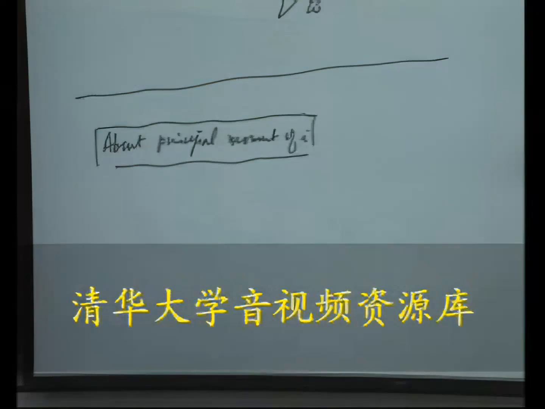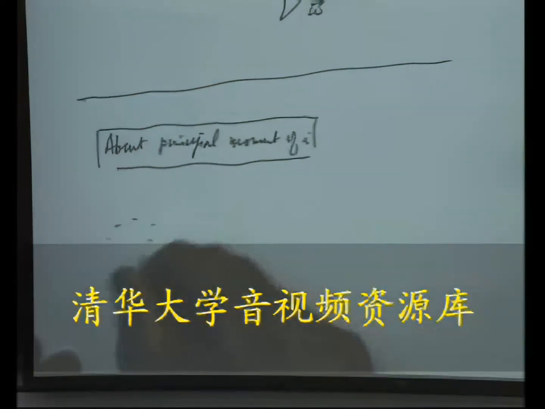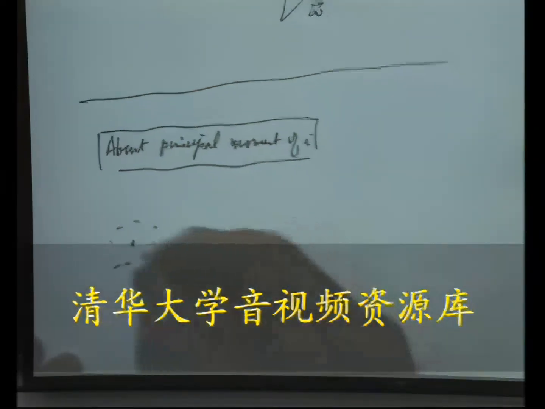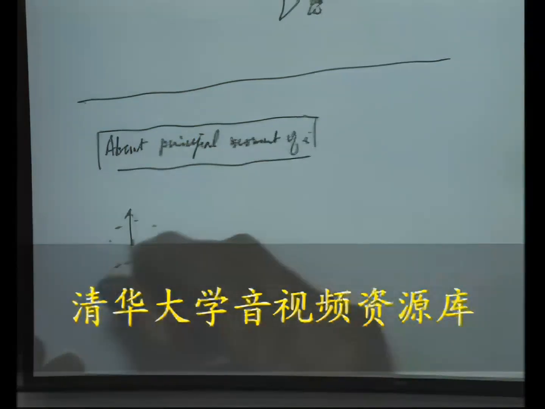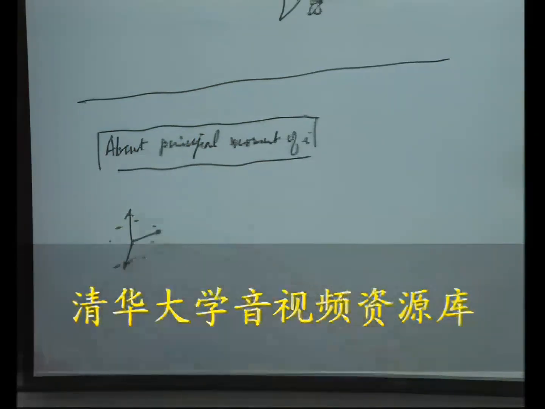So I have many bodies, many points, and this is the center of mass, and there are three principal moments of inertia.